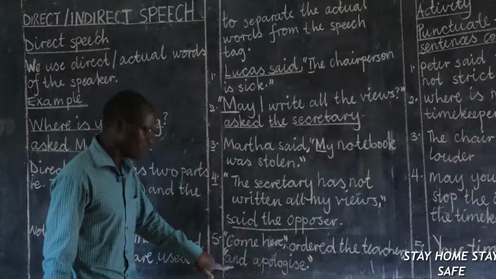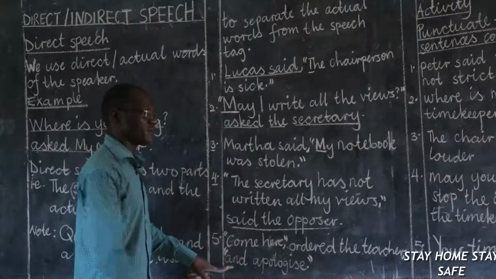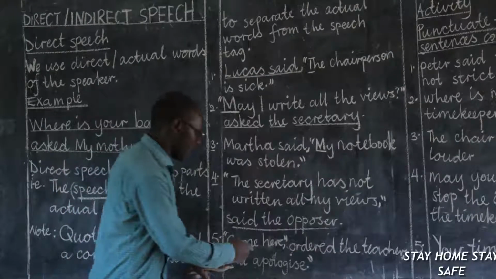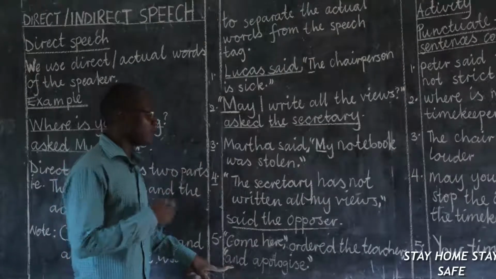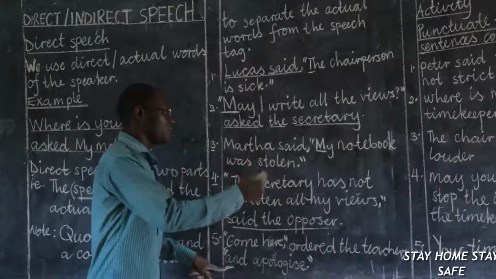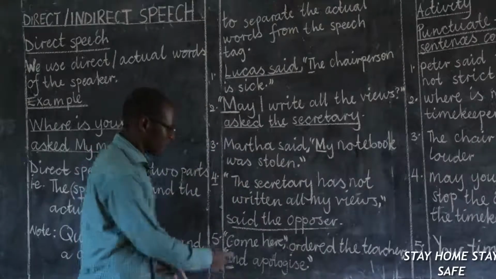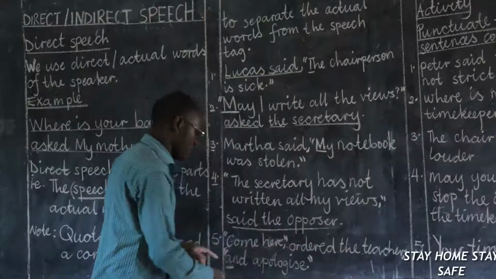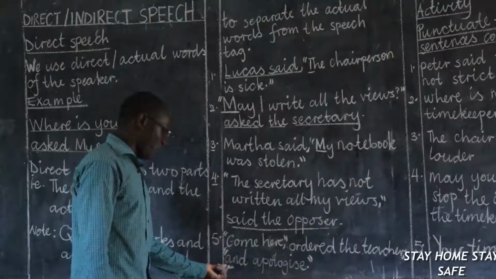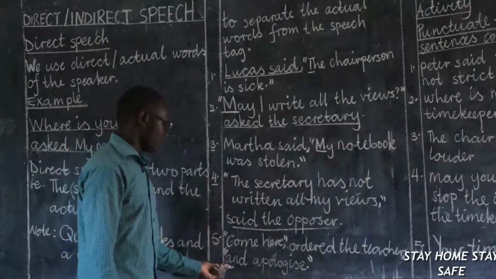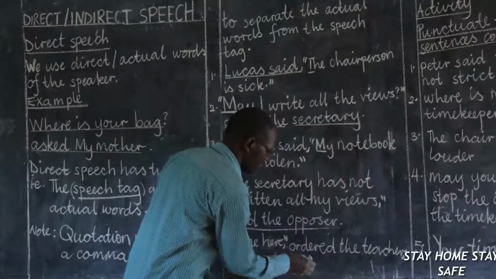So you don't need to capitalize the first letter in this second speech. It is a continuation of the first one. When you swallow, then you speak. What you are speaking is an addition to what you spoke first. So we are saying, "Come here," put a comma and close, ordered the teacher, comma, open again, "and apologize." Put a full stop, then you close.